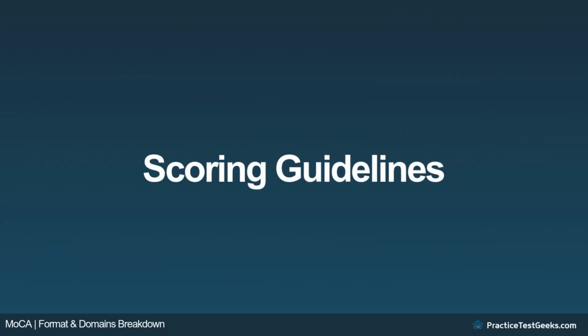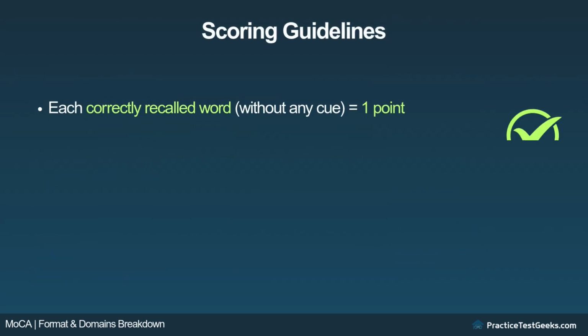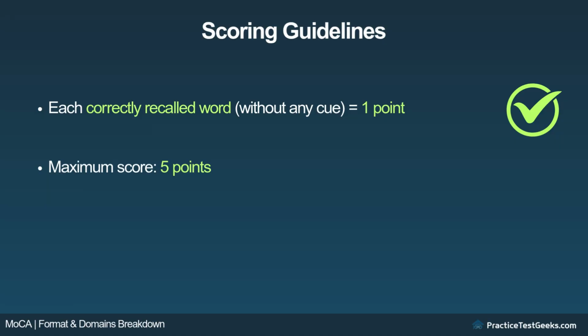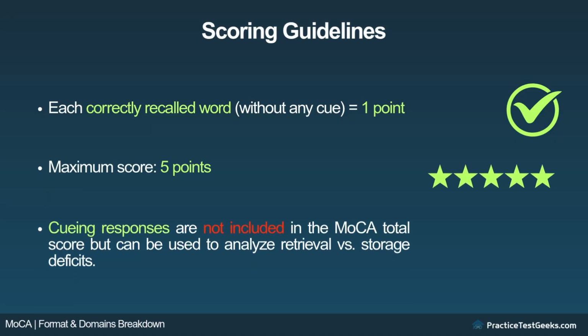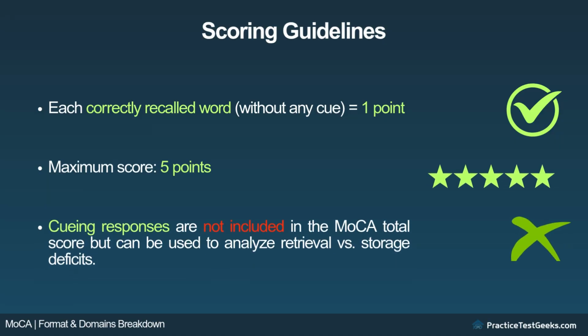Scoring guidelines. Each correctly recalled word, without any cue, earns 1 point. Maximum score is 5 points. Cueing responses are not included in the MoCA total score, but can be used to analyze retrieval versus storage deficits.